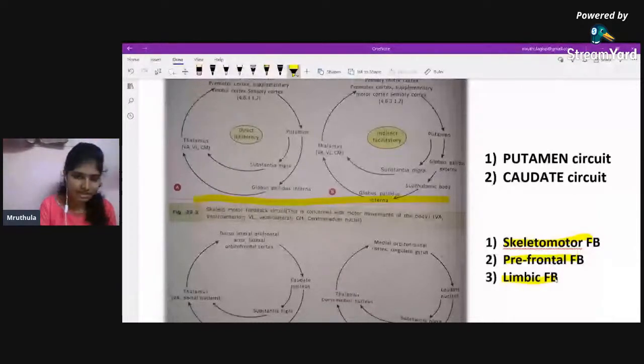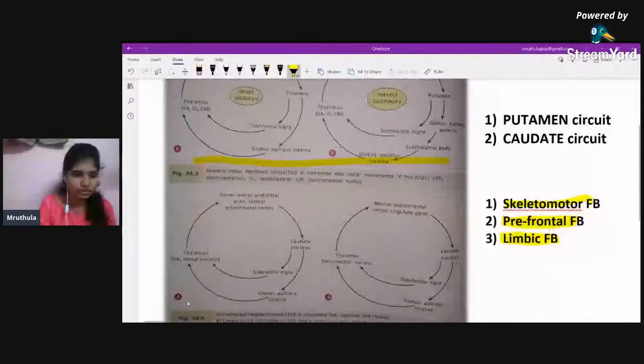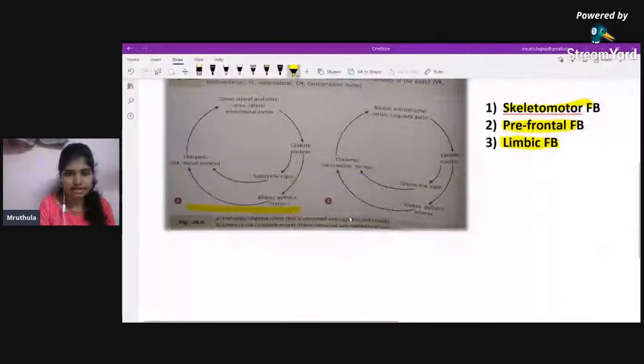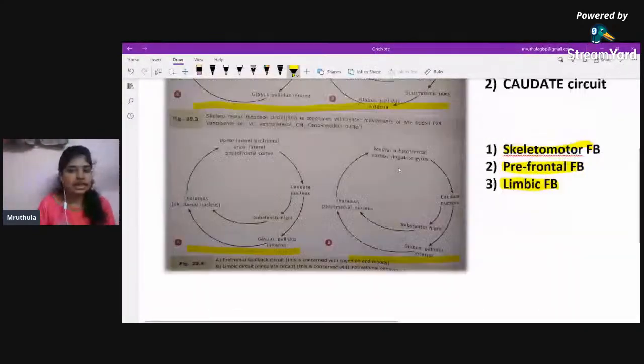Actually, as this is in OneNote, I have to convert it into PPT form and then I'll put it in the group. And the last time's chart also, I'll convert it to PPT and put in the group. Okay, right. So prefrontal feedback in this picture, this one which I'm underlining now, is the prefrontal feedback. Then the one on the right side is the limbic feedback. Okay. Right, so these are the three important feedback circuits.